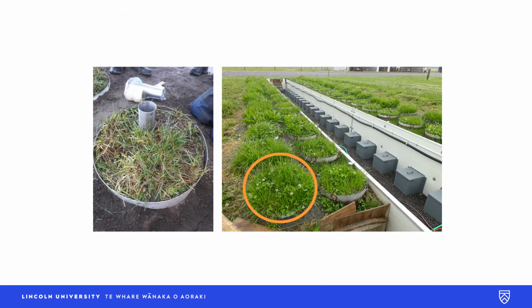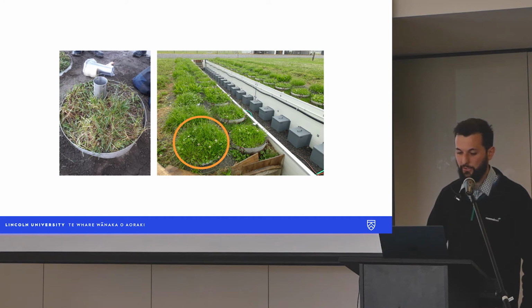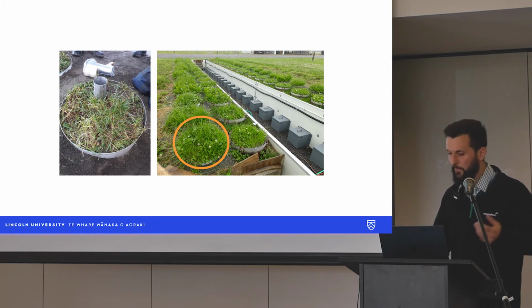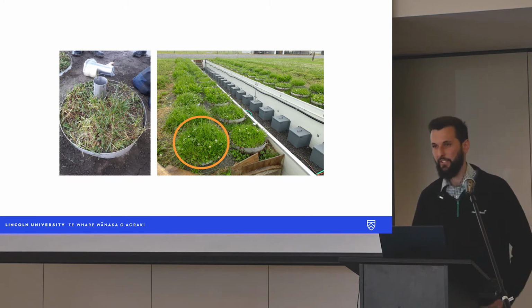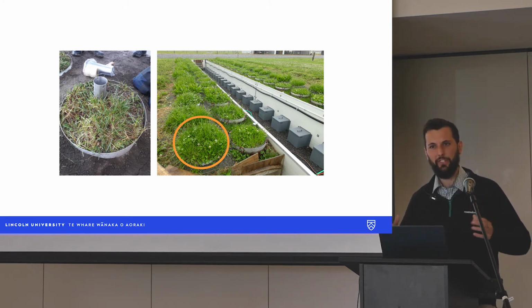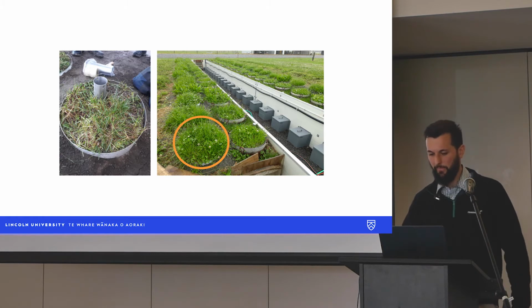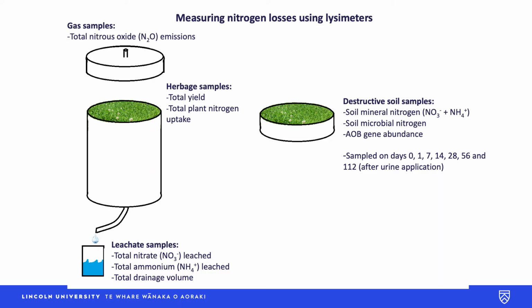So every lysimeter also has a corresponding soil block which receives identical treatments to the lysimeters. This allows us to take destructive soil samples without interfering with the drainage and the pasture in the lysimeters. So it gives us an insight into what's happening to the soil. From our gas samples, we could quantify nitrous oxide emissions.